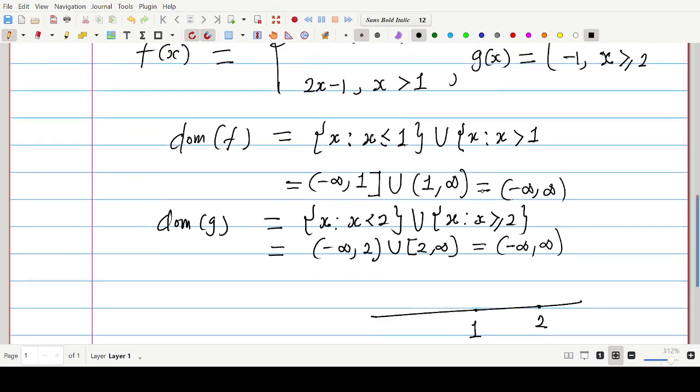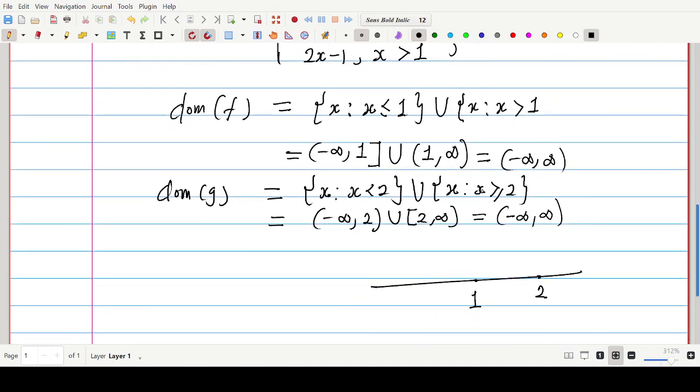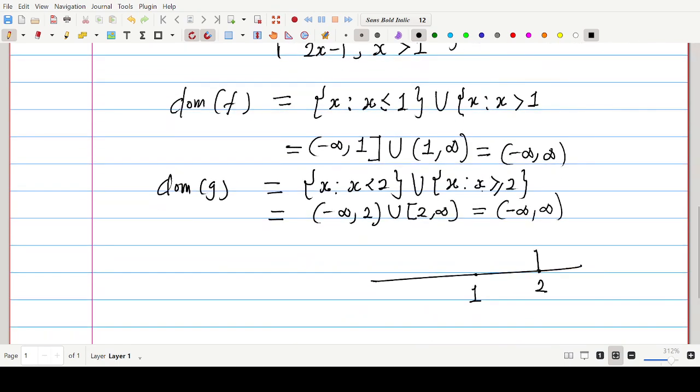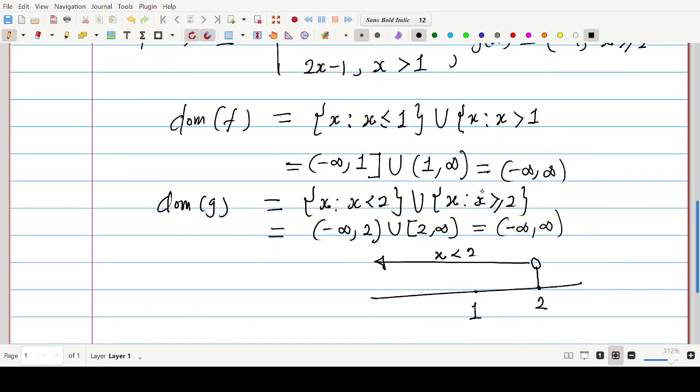Now, since in this domain of g, x is less than 2, we can draw the number line as follows, and the arrow will point to the left, right? This shows that x is less than 2. Then, since in this one x is less than or equal to 1, we can have it as follows.